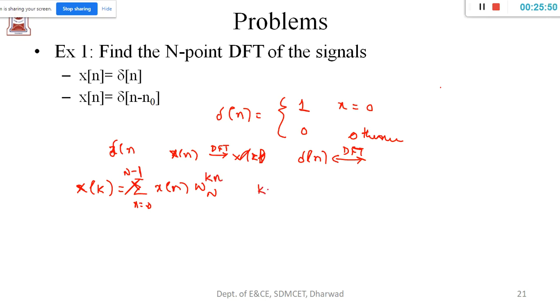So this is the definition, where k is equal to 0 to N minus 1.